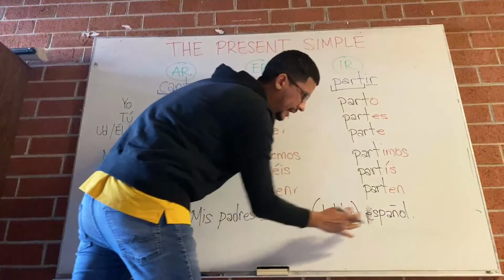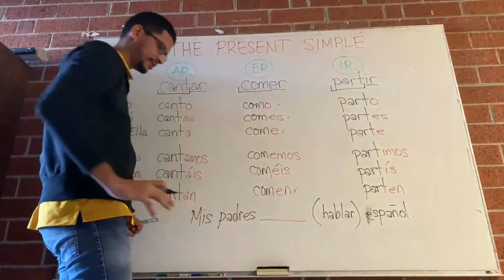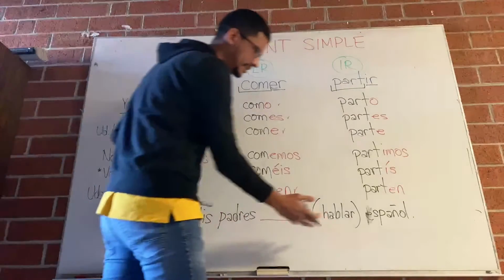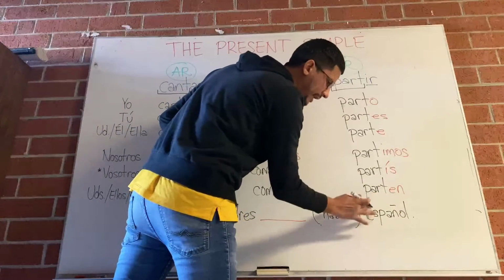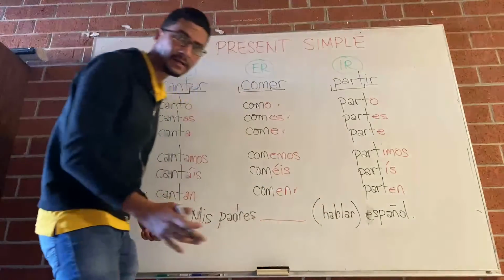That means speak, and Spanish, and my parents. So let's give you that example. My parents speak Spanish, but you have to conjugate the verb in parentheses, which is hablar, right?